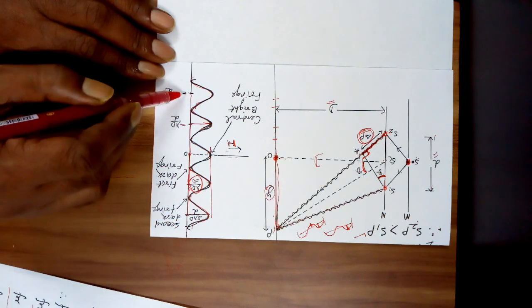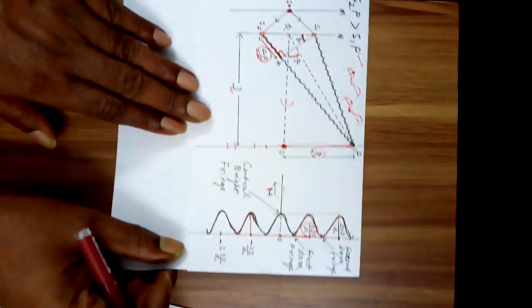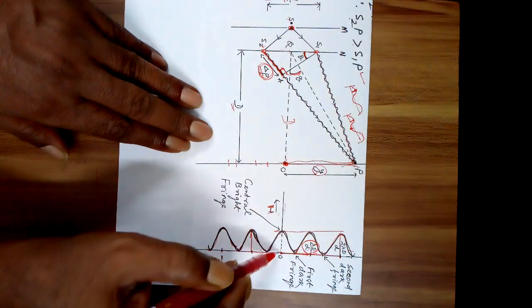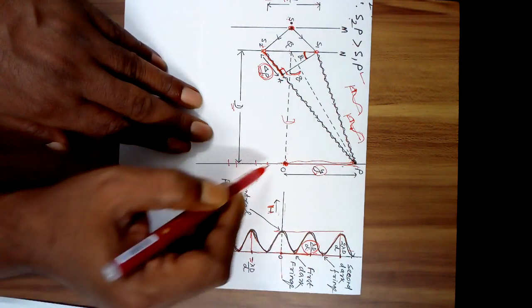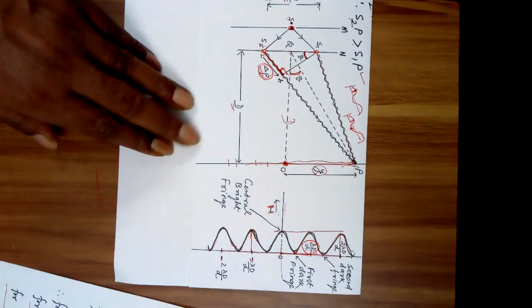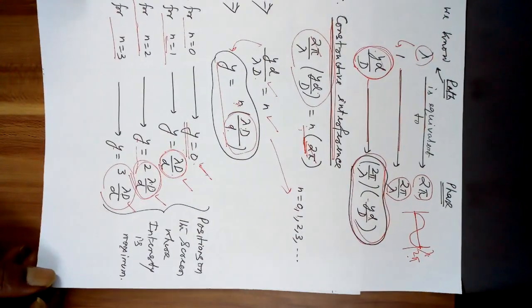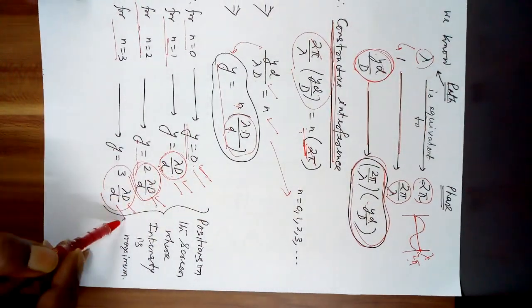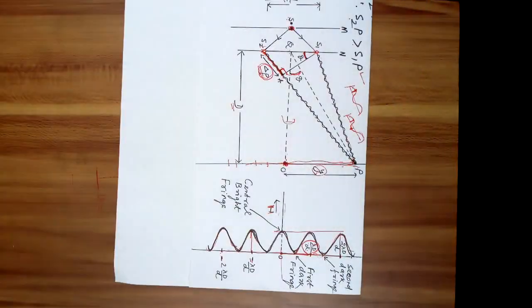I have taken a negative sign here because if you consider this y-axis, this side is positive, this side is negative. So these are the places on the screen where intensity is maximum. That is called constructive interference.